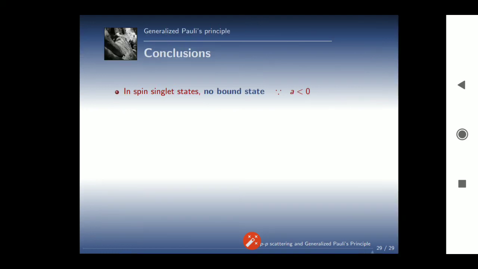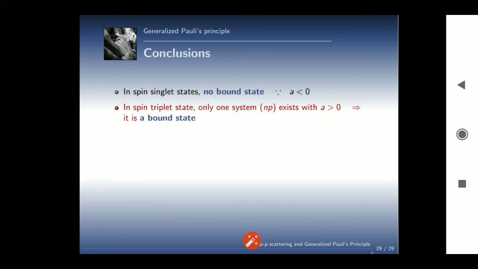We can list some of the information from the table. For spin singlet state, which corresponds to isospin triplet state, there is no bound state because A is less than 0. Scattering length is less than 0. And for spin triplet state, which corresponds to isospin singlet state, only one system exists with A greater than 0. A greater than 0 implies a bound state, and we know that system corresponds to a deuteron.